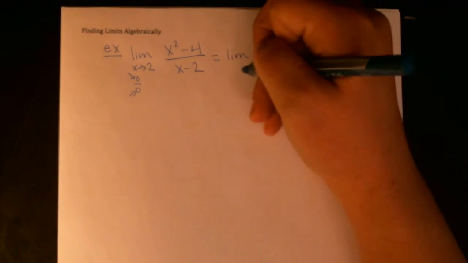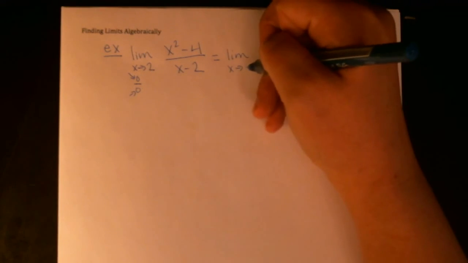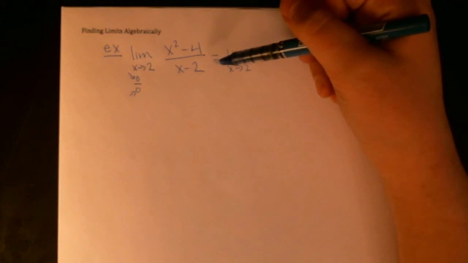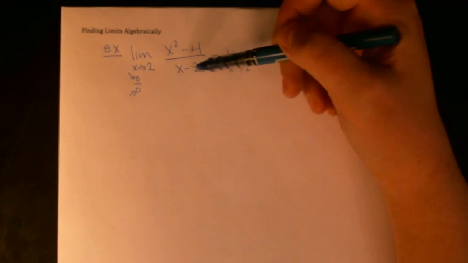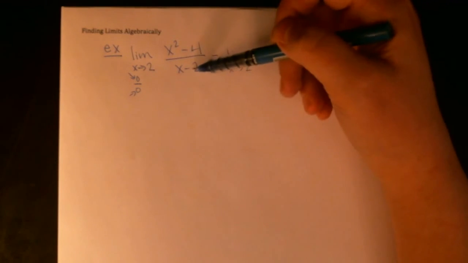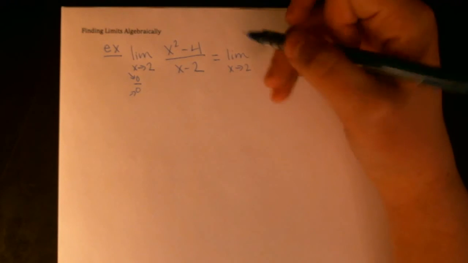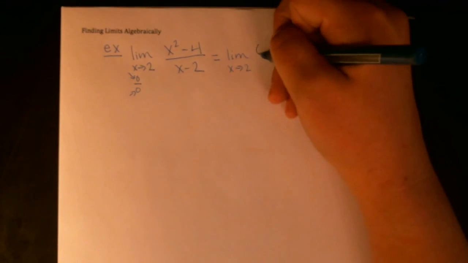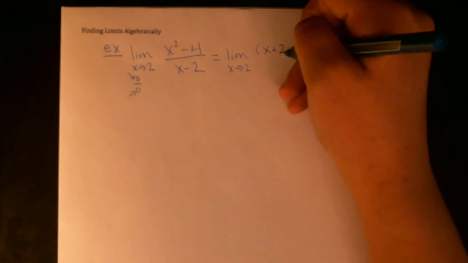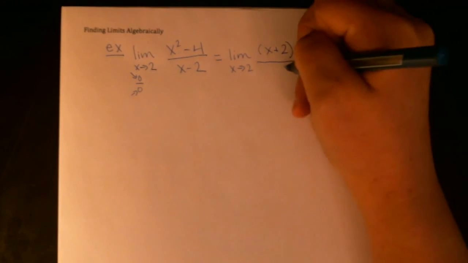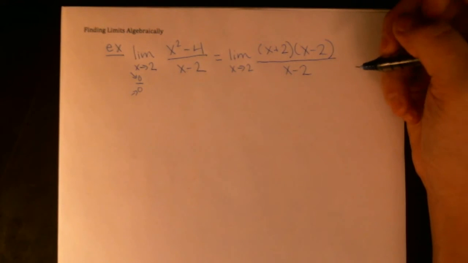Okay, so to use algebra to help out in this situation, really what we're trying to do is cancel out the thing that's giving us trouble when we try and plug this number in. So the thing that's giving us trouble is this x minus 2. I can't have 0 in the denominator. So I would like to cancel that out, which means what I need to do is try and factor the numerator. And this looks like it's going to work out beautifully.